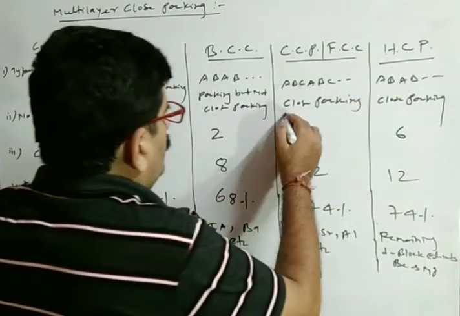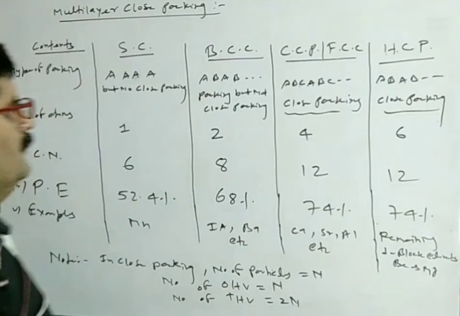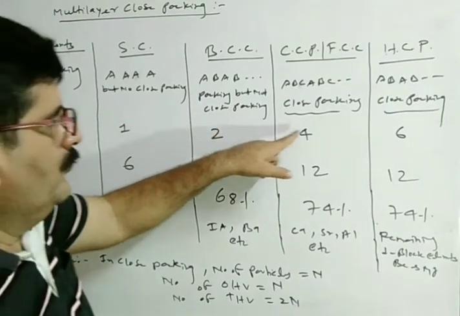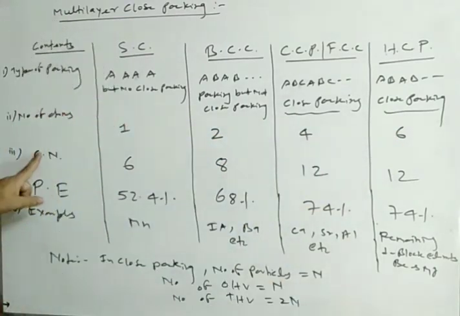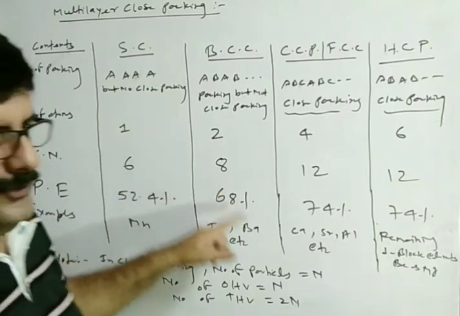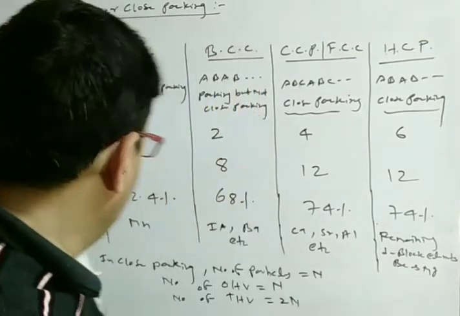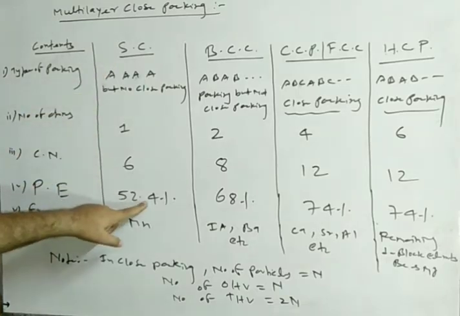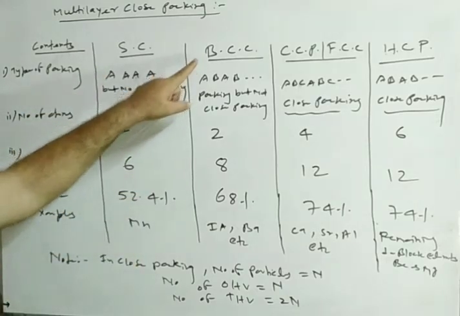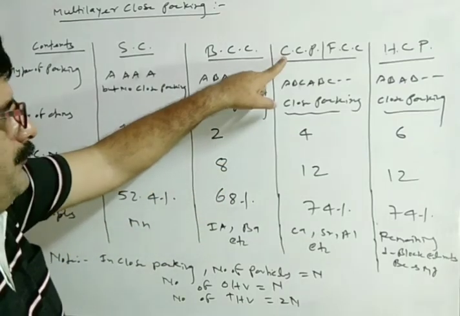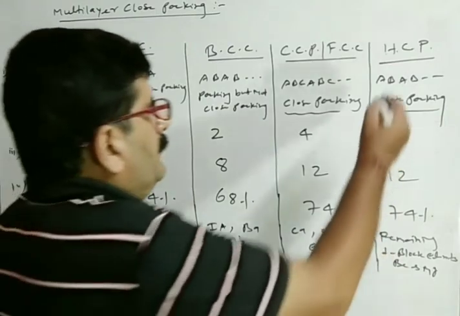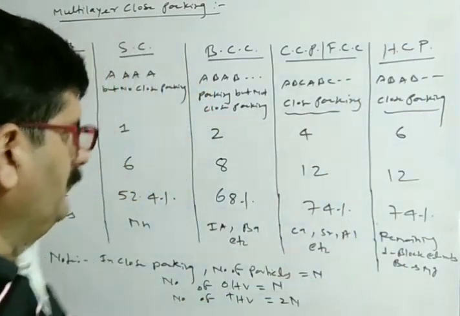Such are close packing, other two are not said to be close packing. Number of atoms 1, 2, 4, 6, and their coordination number 6, 8, 12 and 12. Packing efficiency in SC 52.4%, BCC 68%, CCP or you can say FCC 74%, HCP contain again 74%.